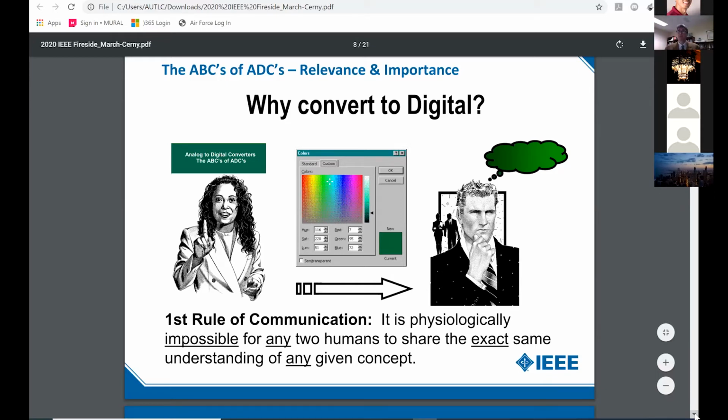And this is the reason why you have a desire to put things into digital, so that you can do this discrete parsing of a thought. Okay, and of course, this works also for the electrical signals that we use for many of our sensors.